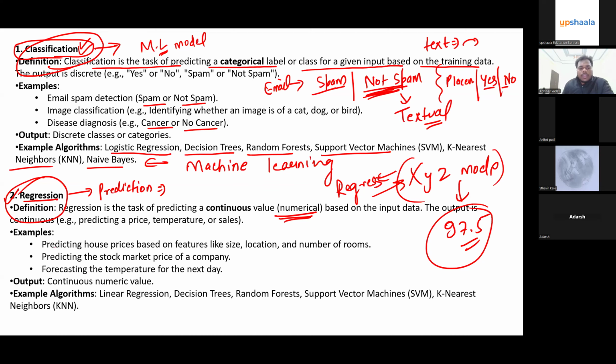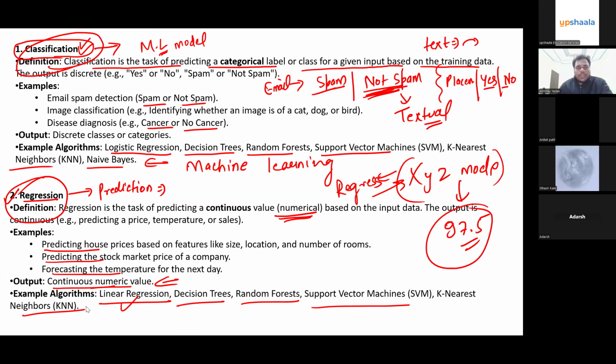Examples: predicting the house price, predicting the stock, and forecasting the temperature will always be numerical in nature. A continuous numeric value will always be seen as the output in a regression algorithm. Examples are linear regression, decision tree, random forest, SVM, and KNN.